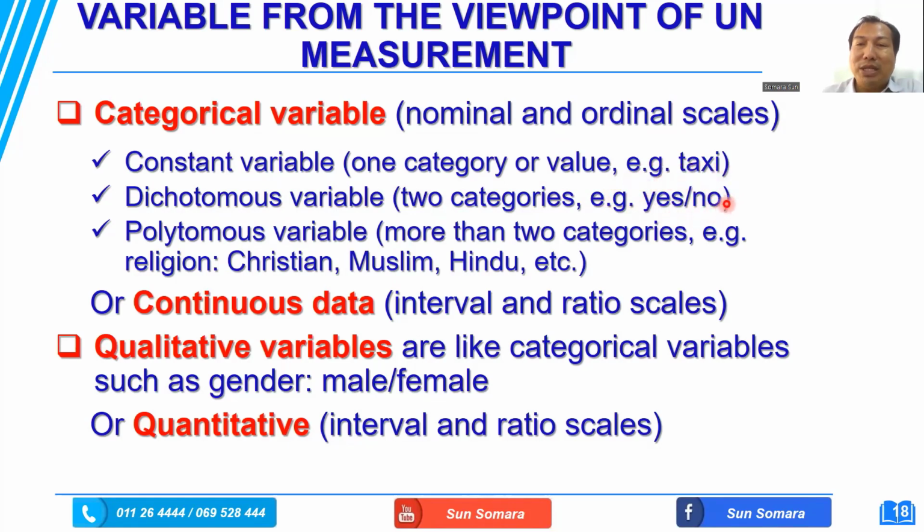It can be yes or no, true or false. A polytomous variable has more than two categories, for example religion: Christian, Muslim, Hindu, etc. When there are more than two categories, starting from three, we call it a polytomous variable.